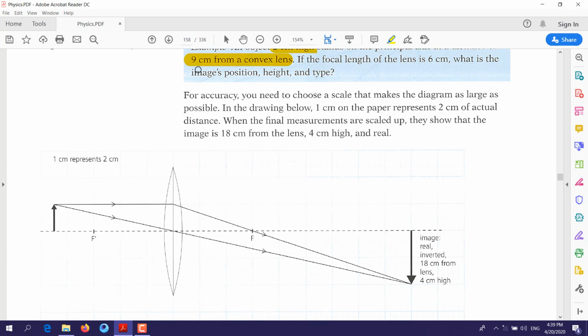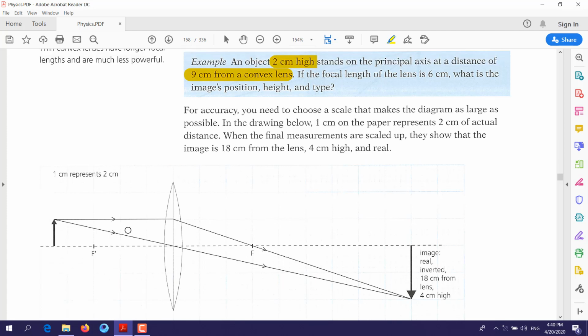Instead of 9 centimeter, we make it 4.5 centimeter. We just minimize the drawing. Now steps again: lens, principal axis. Then after that, we determine the points of the principal focus.